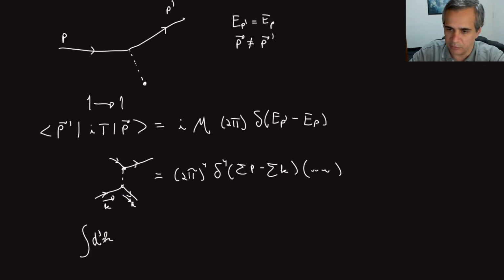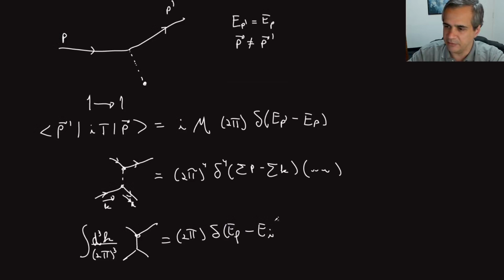So the integral over the momenta of the target, since I'm not observing it, right, of the same diagram is 2π delta of energy. Only the conservation of energy is left, times the rest of it, right? And this is what I'm writing here.